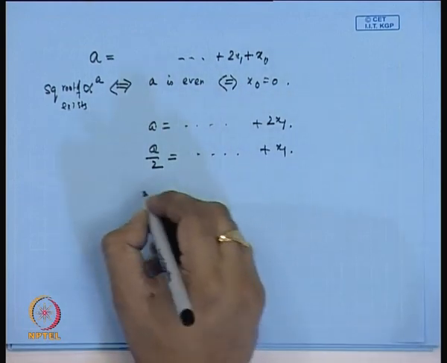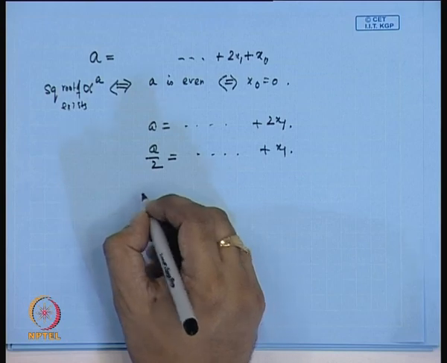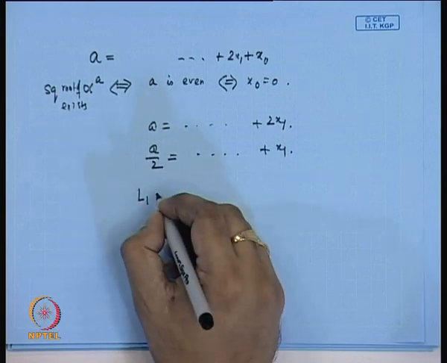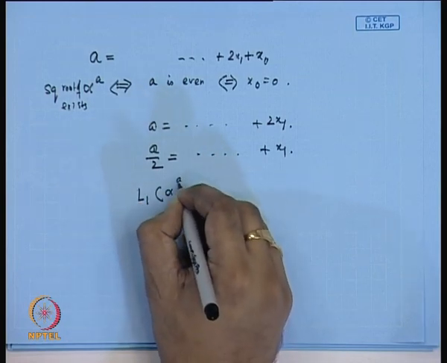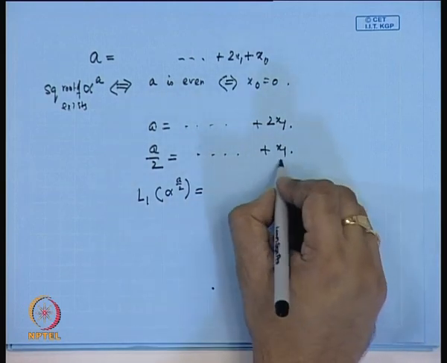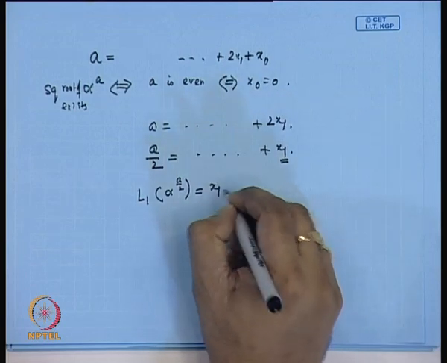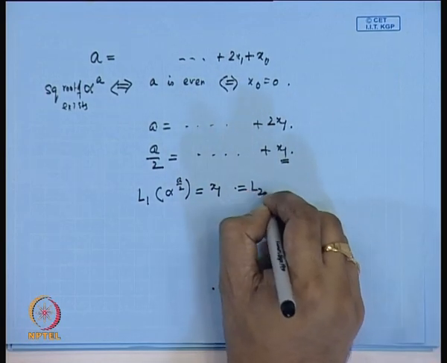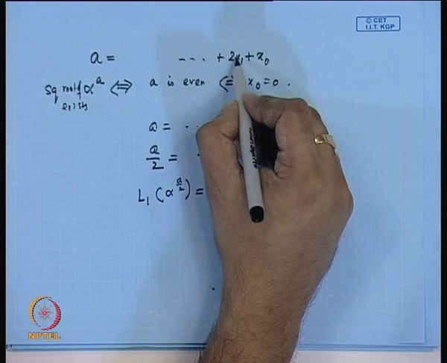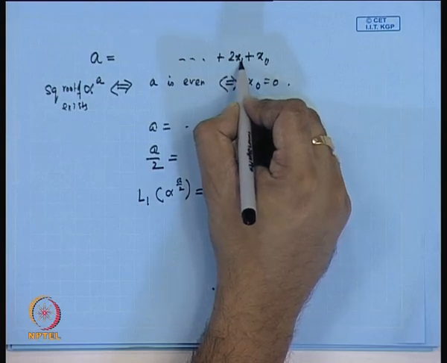right. So, therefore, what is the value of L1 of alpha power of a by 2? That will be the value of the first bit, which is equal to x1, and that is exactly equal to L2 of beta, because in that case this one was the second bit, right.